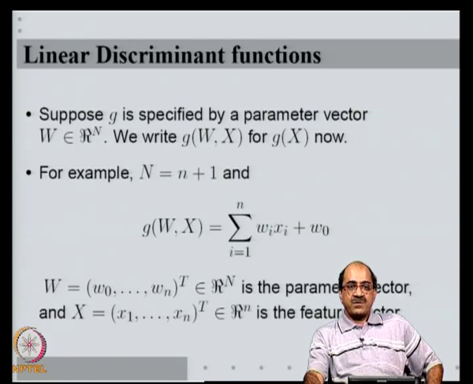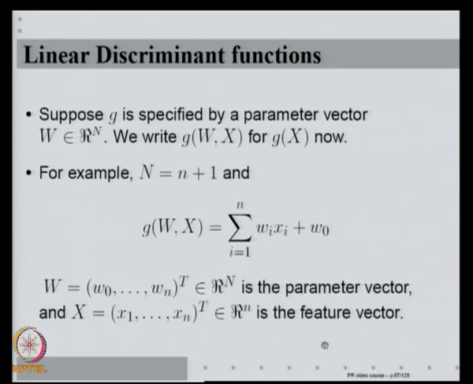Where w0 to wn are the parameters, x1 to xn are the features. Such a classifier is called a linear discriminant function based classifier. This is linear because it is linear in the components of the feature vector, or in the parameters. Linear discriminant functions are another important class of classifiers.